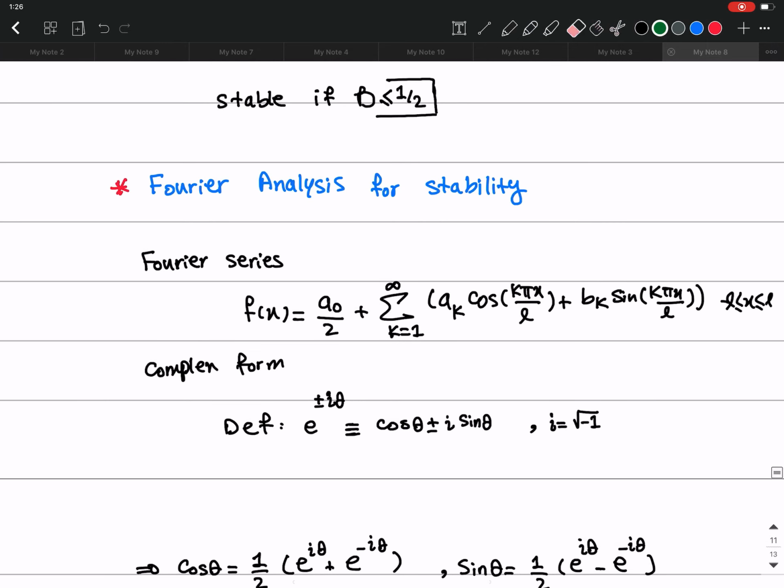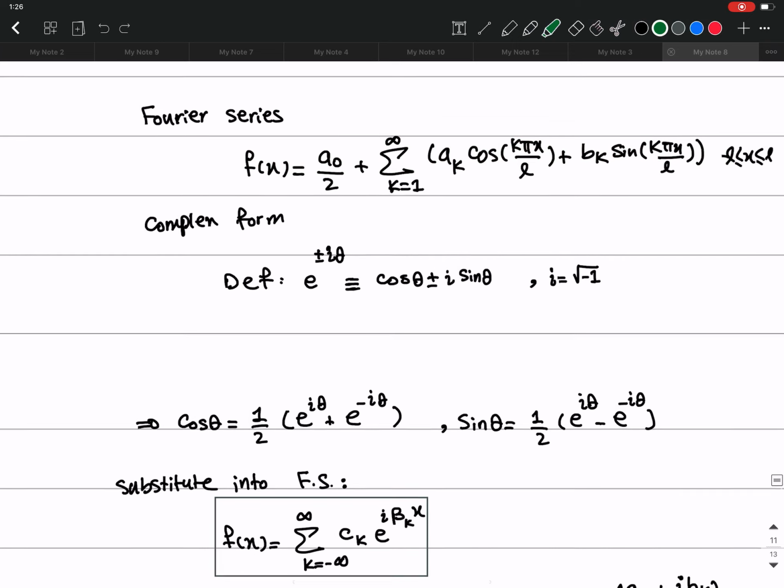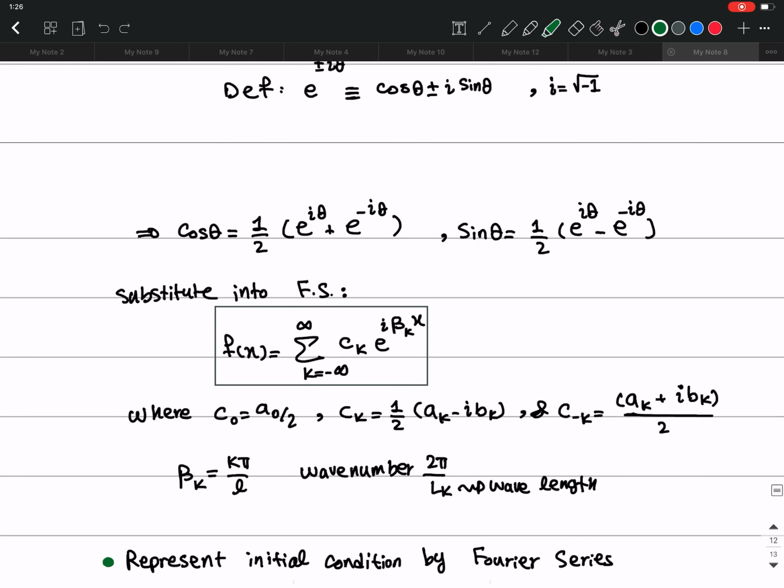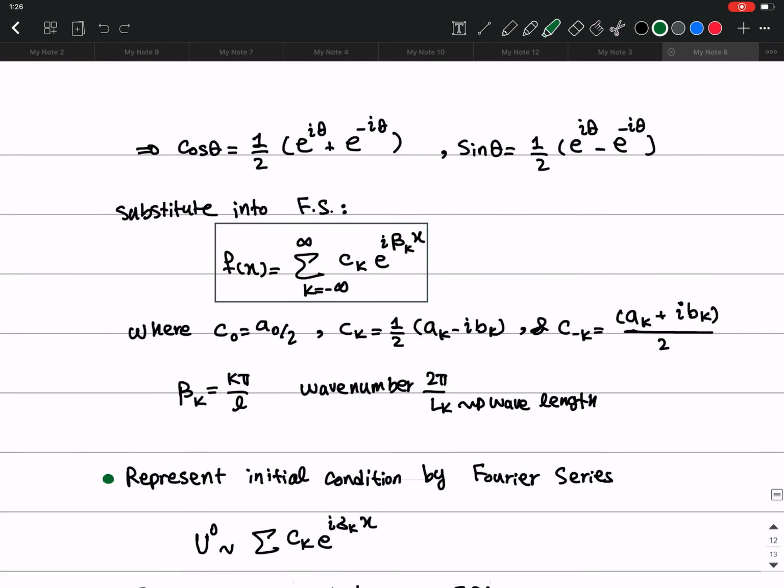So I'm going to give you an example for this in the next lecture. But just briefly, let's review what we did. We just introduced the Fourier series, the general formula of Fourier series for any periodic function, by this definition of e^(i theta). Then I wrote this Fourier series representation in complex form, which is shown here. And if you remember, we had these complex Fourier integrals, so it's very similar, but now it's a series rather than an integral.